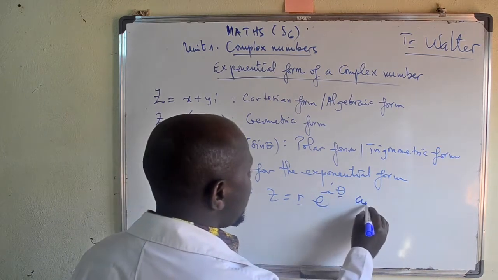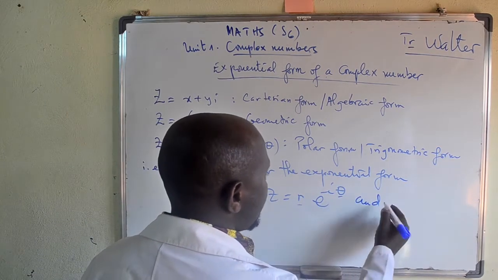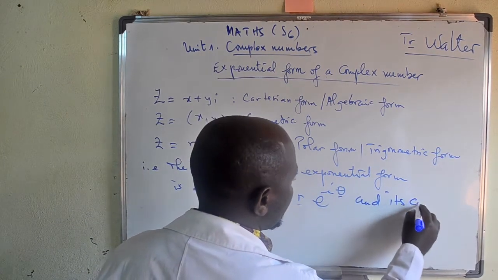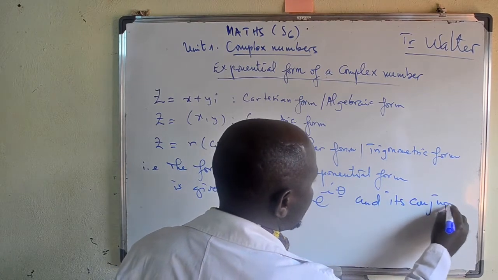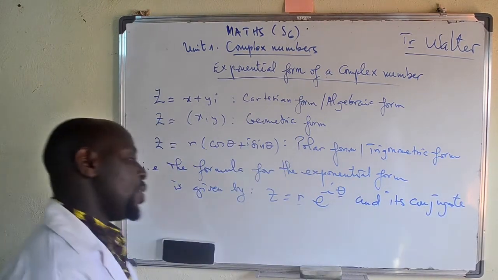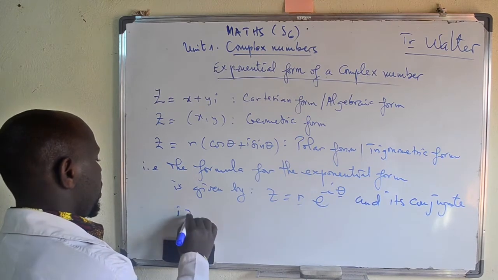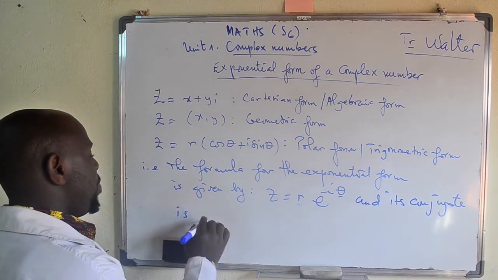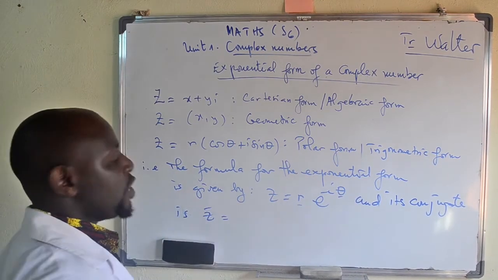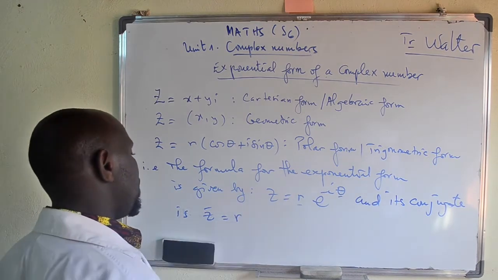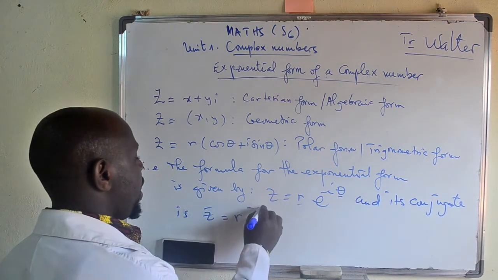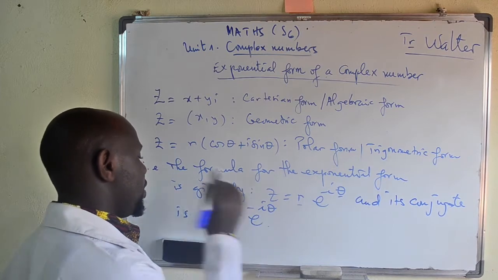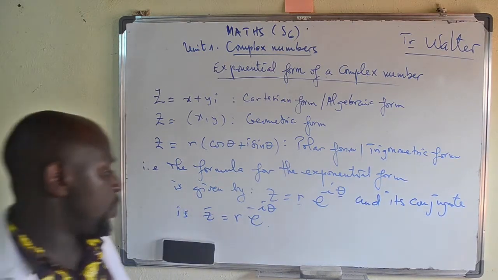And later on, we shall see its conjugate. The conjugate of this one, z bar, will be equal to r e to the power minus i theta. What do you observe?